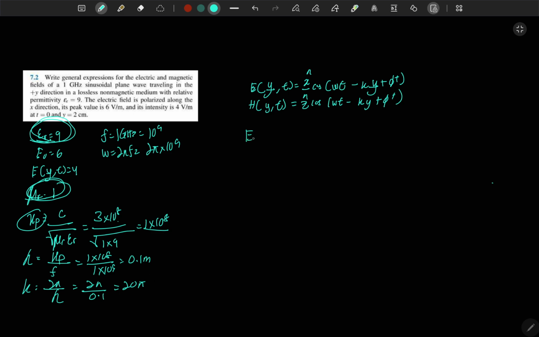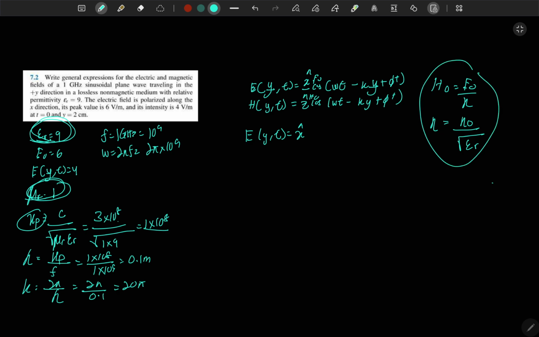Now we try to fix it. E of y, t is equivalent to x hat, and I forgot E naught, and this is H naught. In this case H naught should be equivalent to E naught per eta. But due to the lossless medium, eta would be equivalent to eta naught, the impedance, over the square root of the permittivity.